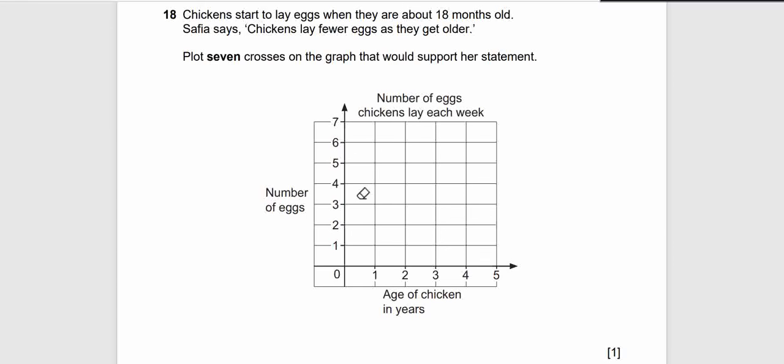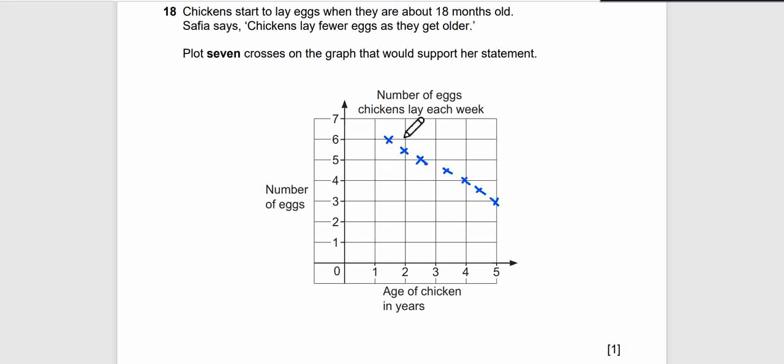Alright guys, let's check out the answer. So here's the example of a correct answer. 7 crosses that will support her statement. So chickens start to lay eggs at 18 months old. So we choose 18 months old, which is 1.5 years. Then we start from there, and then 7 crosses for fewer eggs as they get older.